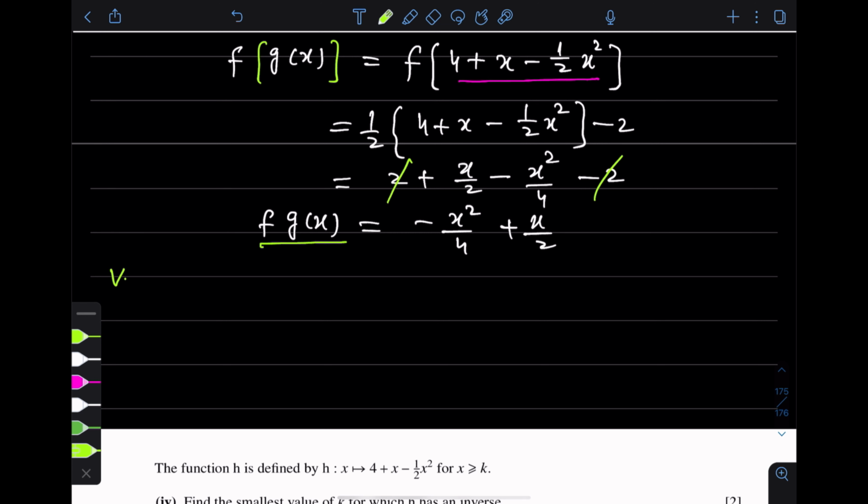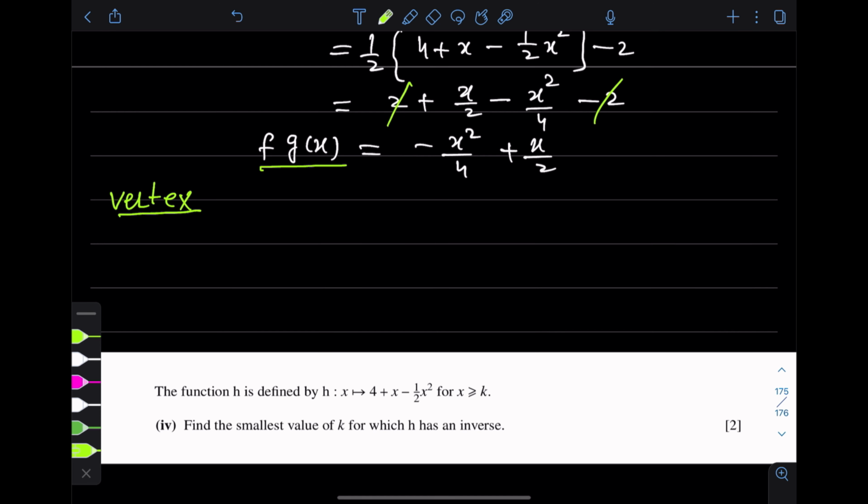For the vertex, the x coordinate we will find, then putting this value of x in the function, we will get the value of y. So the x coordinate of the vertex will be minus b over 2a.